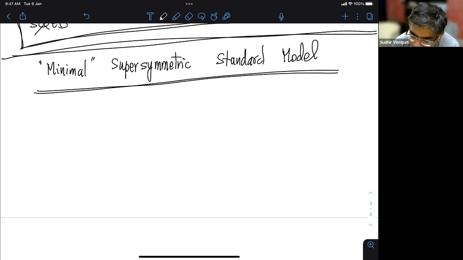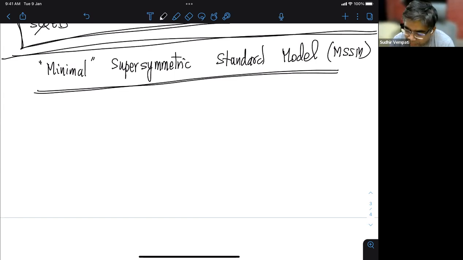The MSSM is the most probed Lagrangian in the entire history of the universe, I think. More than the standard model, I think the MSSM has been probed. This is my feeling. The number of people and the sheer amount of effort which has gone into understanding the MSSM is tremendous. So this is also called the MSSM.